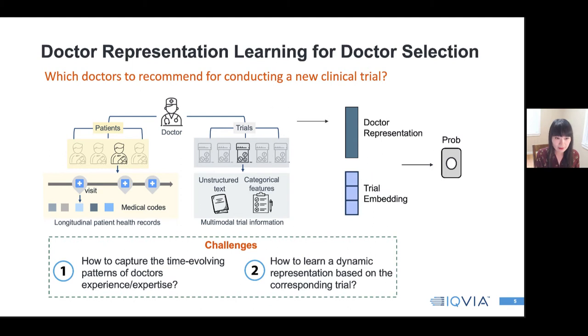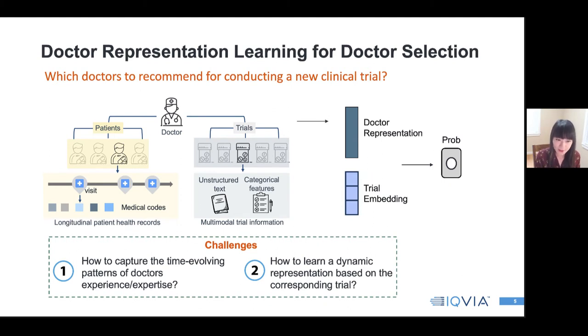We wonder if we could leverage the massive clinical data that we have about doctors, their patients, and the previous trials they helped conduct. Perhaps we could derive better actionable insights that are more generalizable and that help us provide a better recommendation for doctors to trials.